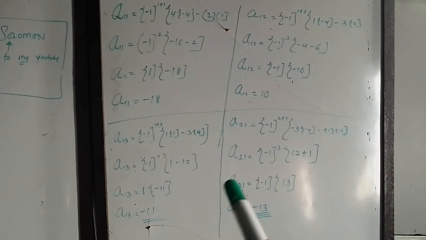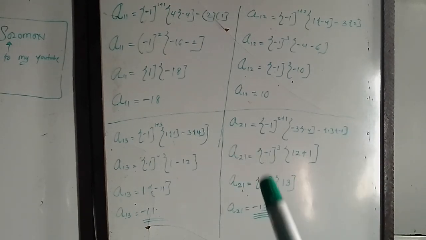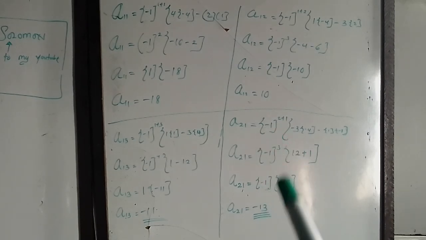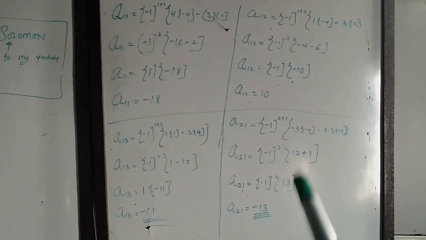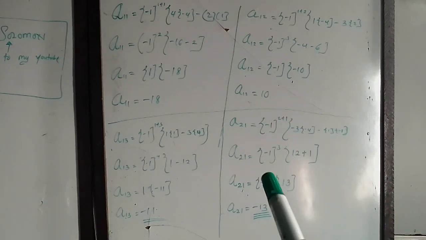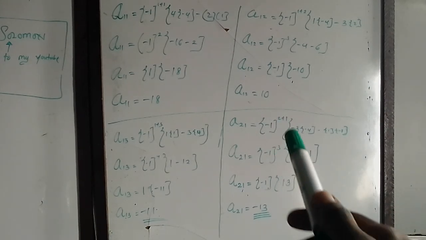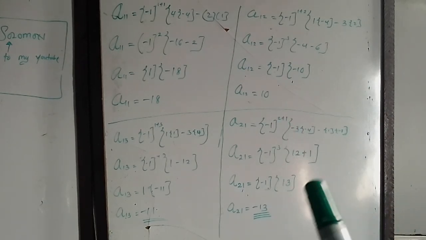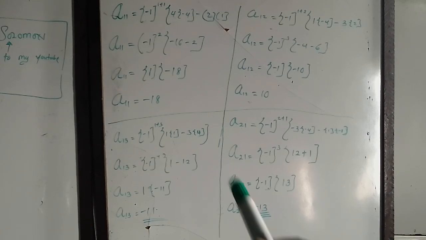So you are going to move on again. You are going to have A21 equals to open bracket minus 1 close bracket, 2 plus 1 is what? Raised to power 3. Then you open your bracket. You are going to have minus 3 times minus 4 is what? 12 plus 1.